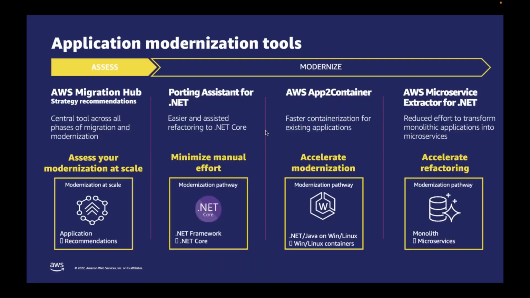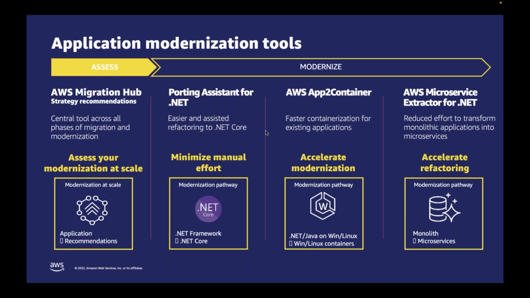Now let's talk about some of the application modernization tooling that we have made available for customers. I'll start from the left to the right. The first thing that most customers need is, well, what is the modernization pathway that they should pick for the particular application?